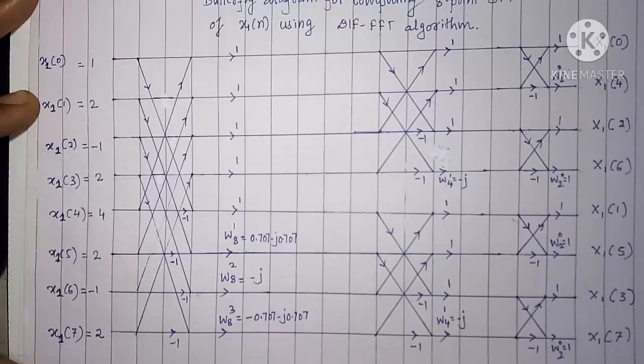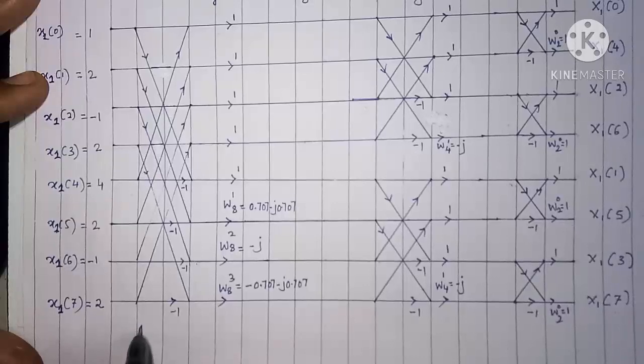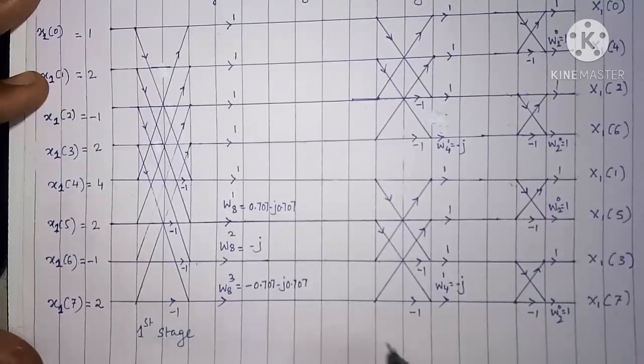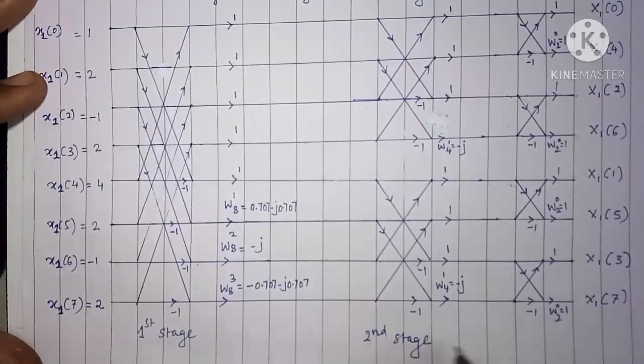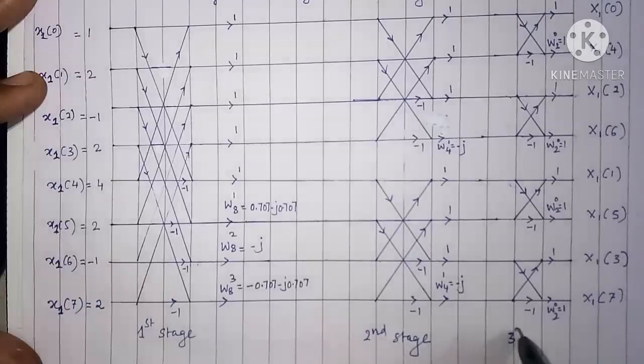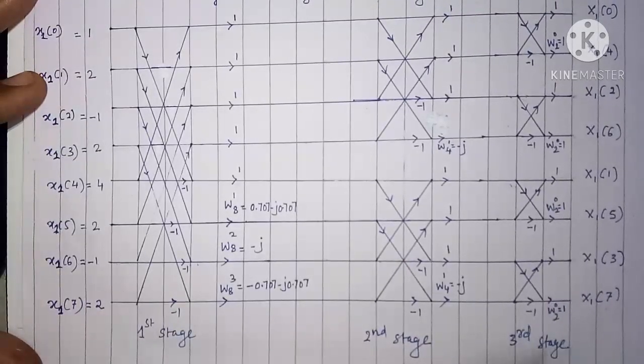Now we will compute the outputs of first stage of this butterfly diagram. Here we are having the first stage, second stage, and here third stage.